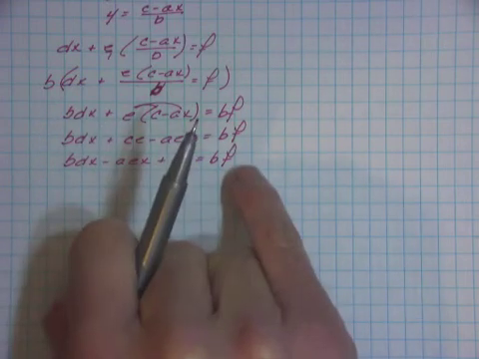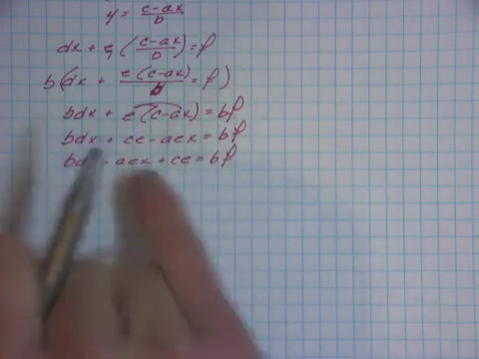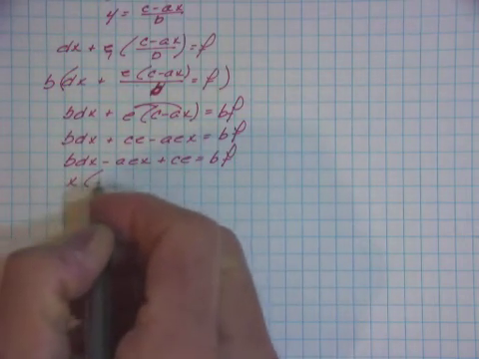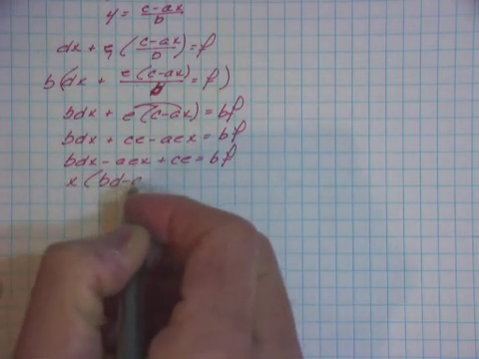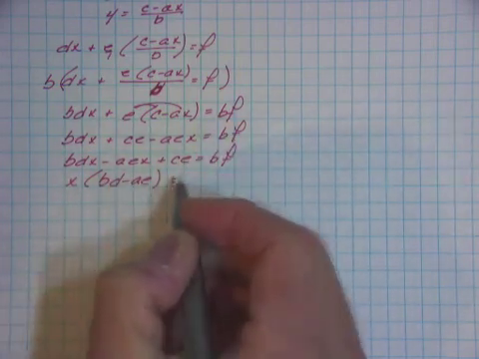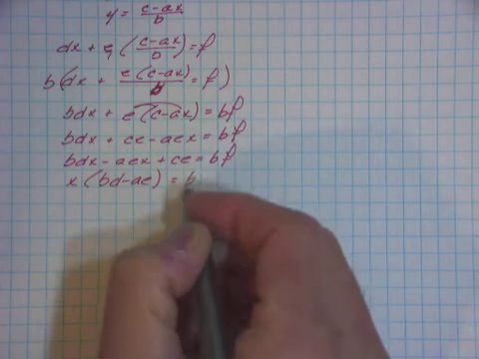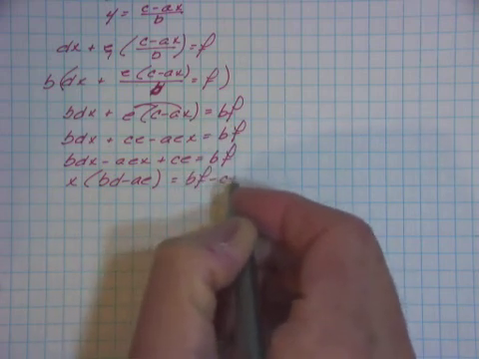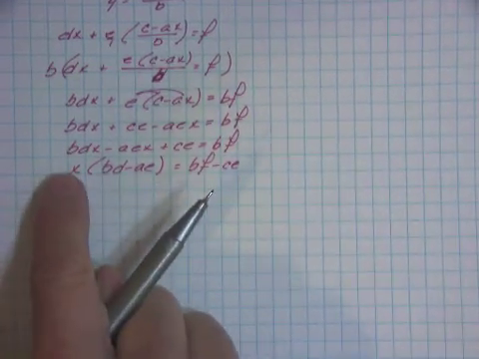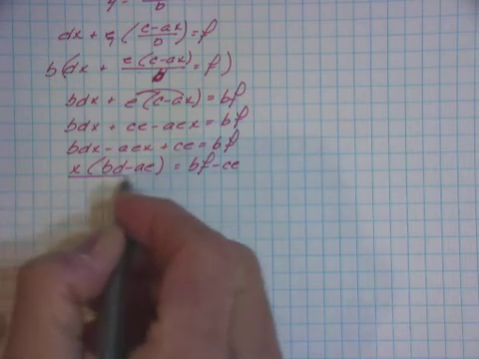Now I'm going to subtract ce from both sides, and I'm going to factor out the x here. I'm going to do two things at the same time. I've got x outside of bd minus ae, so I just factored the x out, equals bf minus ce. So I did two things in that step. I hope I didn't lose anyone.